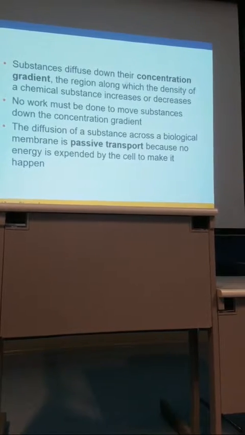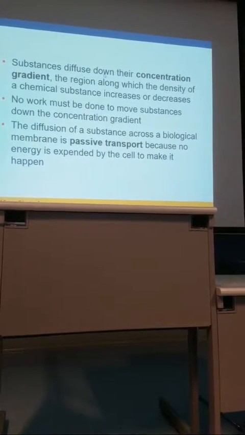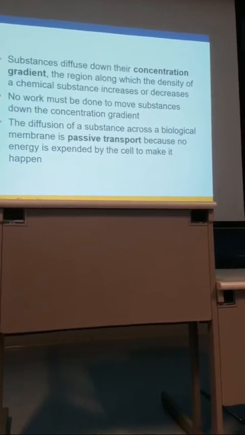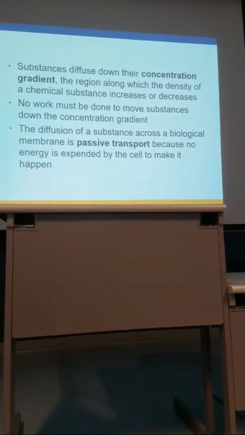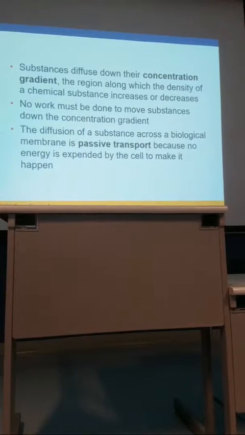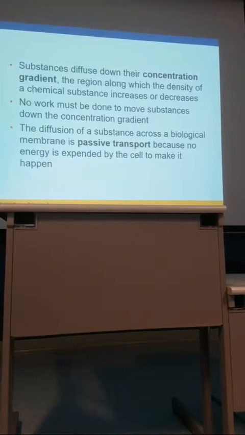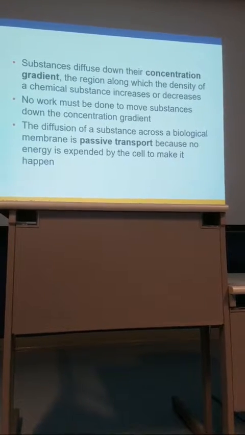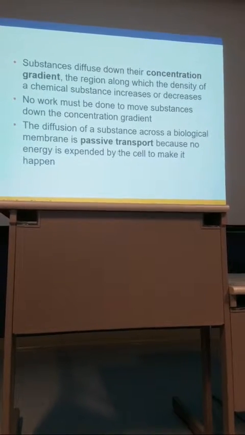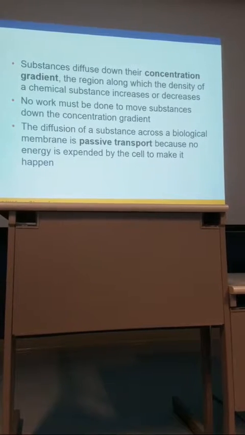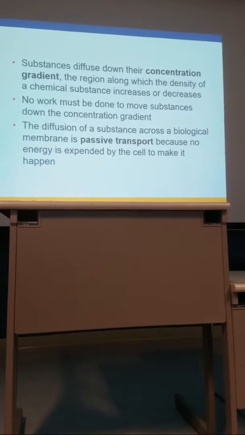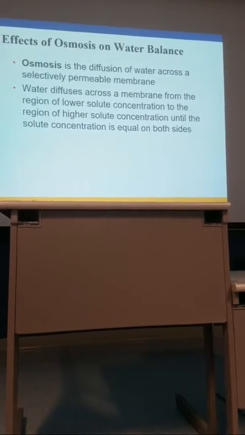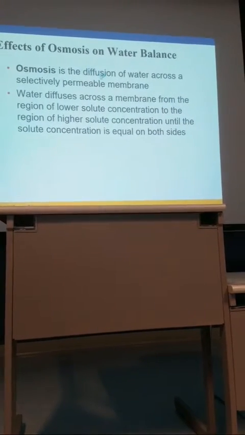Notice substances diffuse down a concentration gradient from more concentrated to less. The diffusion of a substance here across these membranes is called passive transport. There's no energy, nothing is helping it. Osmosis is this kind of diffusion.